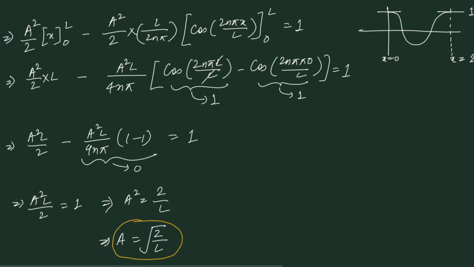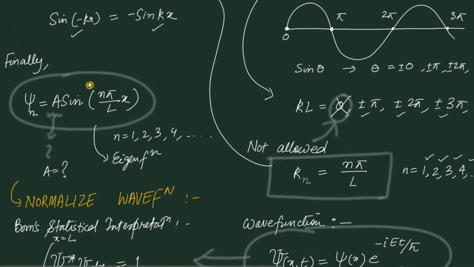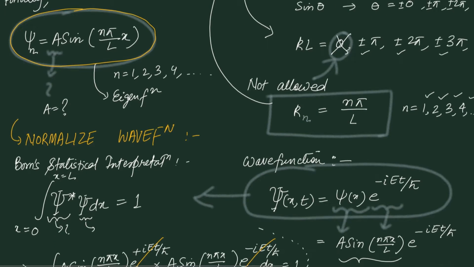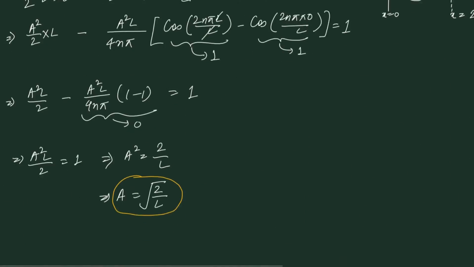So here we have the eigenfunction solution that we obtained, and corresponding to this eigenfunction solution we had the wave function solution also. Yes, so here I can put the value of a in the eigenfunction solution.